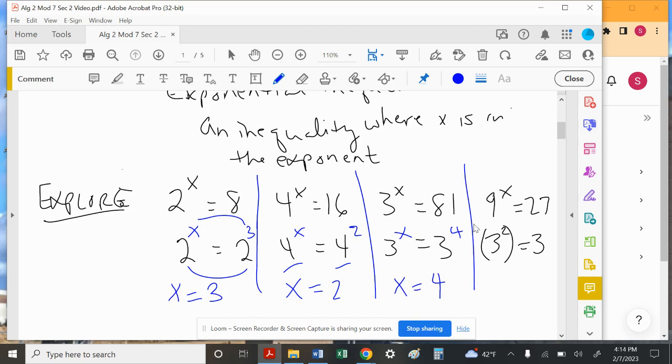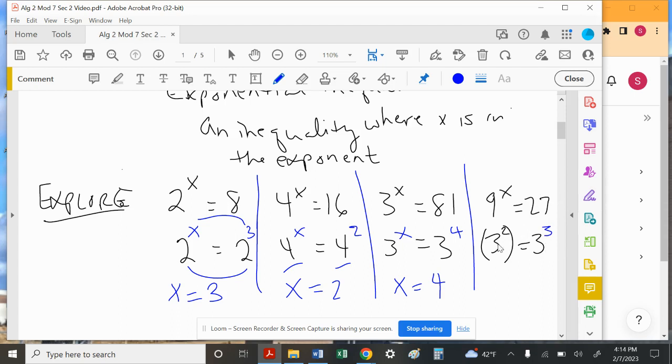Okay, now it gets a little more complicated. Now notice we have 9 to the x equals 27. Well, of course, 9 squared is 81, not 27. We're not looking for multiples that go into that. We're looking for powers that go into that. So I have to convert 9 to 3 squared, and I have to convert 27 to 3 to some power. In this case, I'm going to convert it to 3 to the third, because 3 times 3 times 3 is 27.